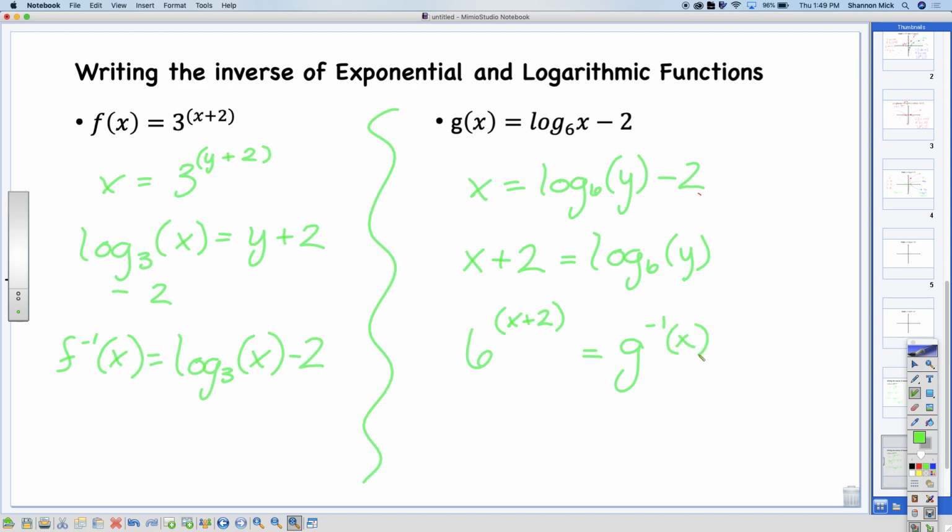Yeah, there you go. Remember yesterday when you had to divide a couple of them before you can change forms? If there's anything outside the function, you have to move it before. That's just the answer. It's written kind of backwards, right? But it's the answer. So just remember you can't switch forms until it's by itself.